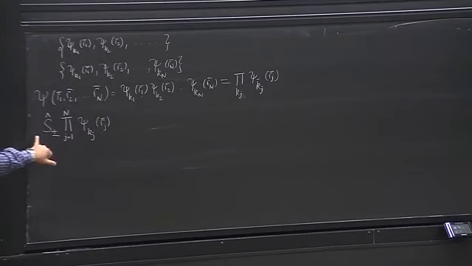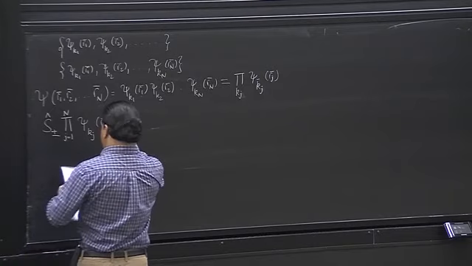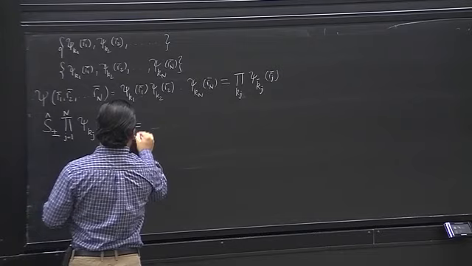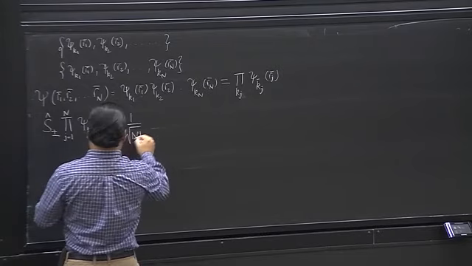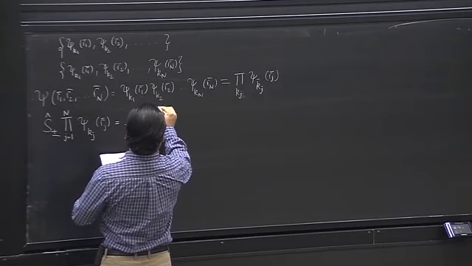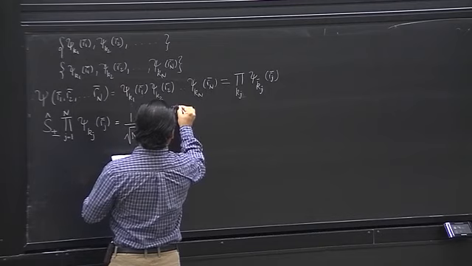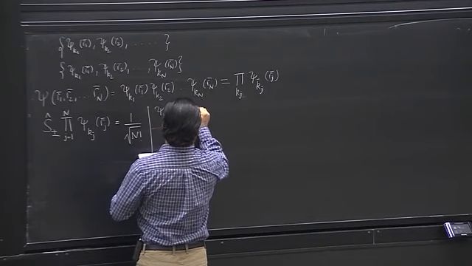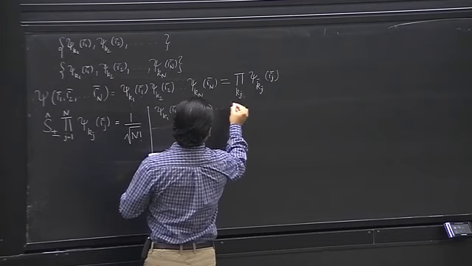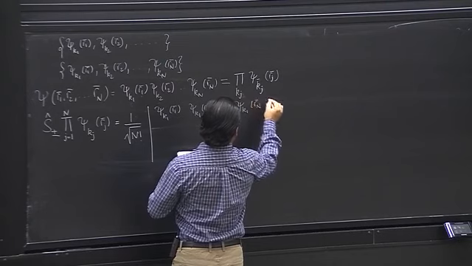What this symmetrization operator does is the following. This is equal to 1 over the square root of n factorial. Let me write it down and then I'll tell you what I mean by it. You have psi K1 of R1, psi K1 of R2, till psi K1 of Rn.